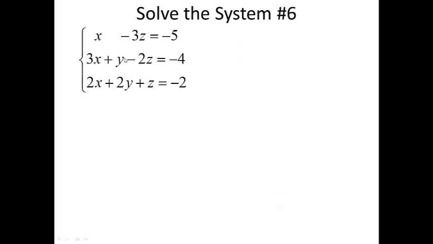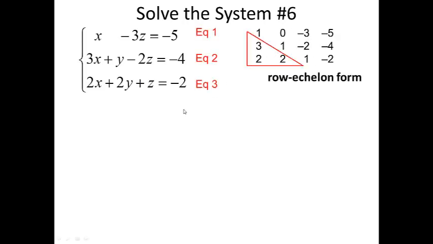Last one, number 6. Do this one, and when you're ready, unpause it and we'll come back. Okay, same steps as before. You're going to need row echelon form, so we multiply the top one by -3 and add it to the second one.